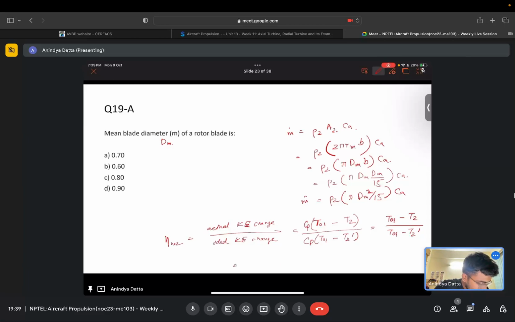So then let's say we write T01 minus T2 is equal to eta n times T01 times (1 minus T2 prime by T01).